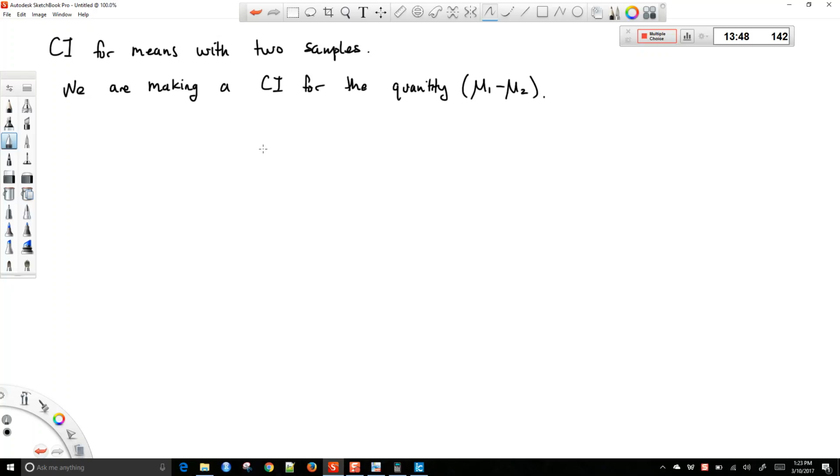So this is a confidence interval for the difference between population means.